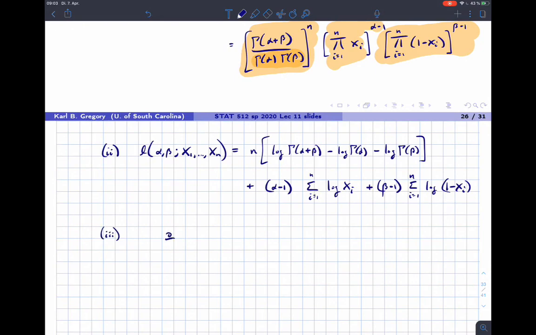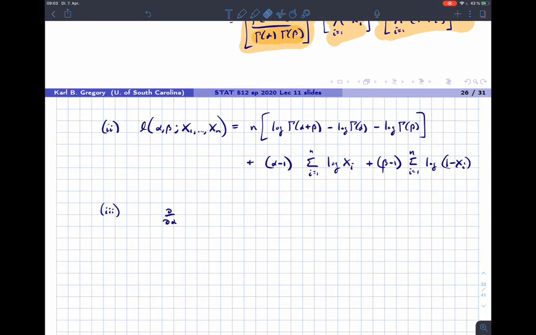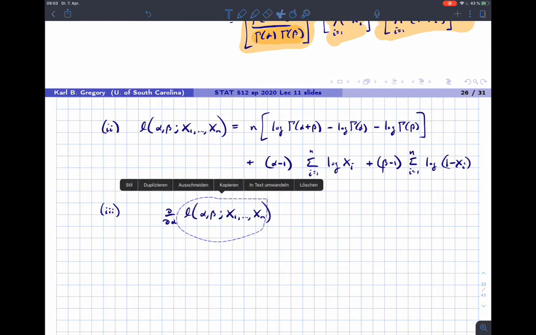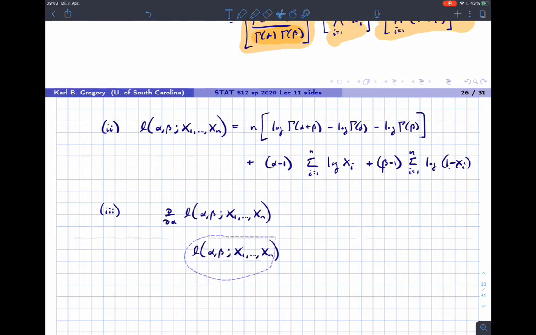Now, if we look at this log likelihood and try to take derivatives, what we would want to do is take the partial derivative with respect to alpha, and the partial derivative also with respect to beta, and set those equal to 0.